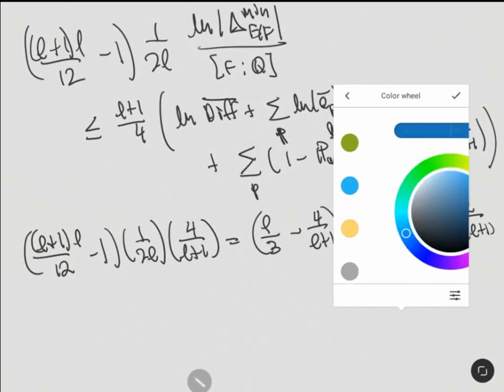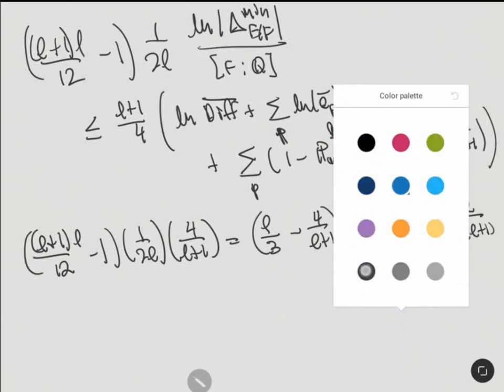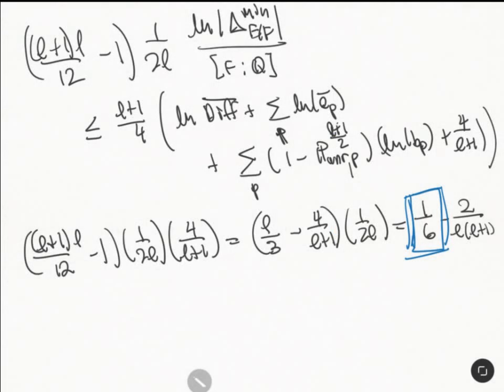All right, so that's the magical 1/6 that we're looking for from Szpiro's inequality. And all right, so now what? If we use this 1/6, we can actually, okay, let's just clean this up.